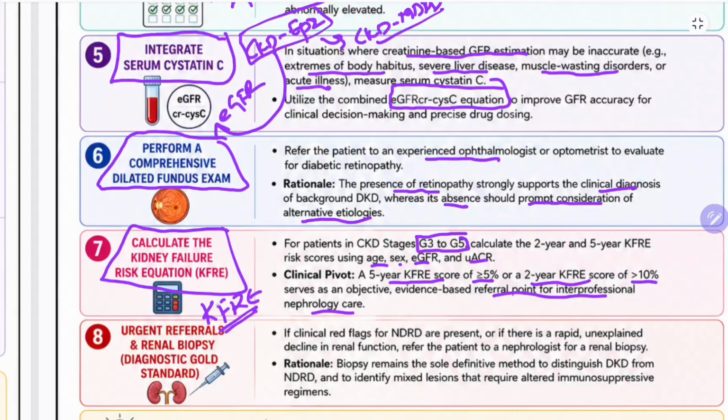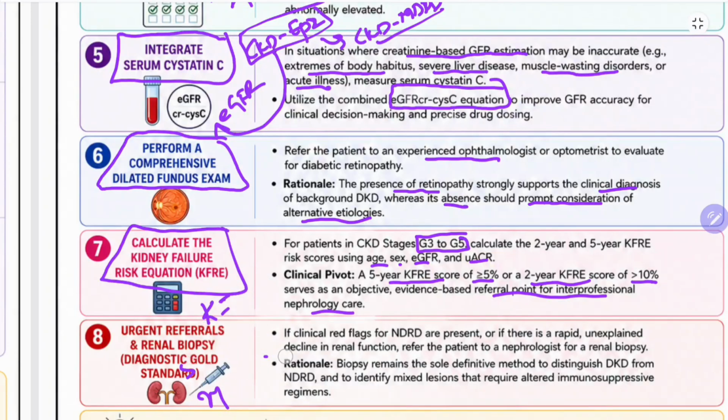How do you calculate KFRE? Again, you have some medical apps in your mobiles nowadays, or online you can go and calculate by using this kidney failure risk equation. So if it is more than 5% in 5 years, or the 2 year score is more than 10%, then you should refer to a nephrologist. That will give a clue when to refer a patient.